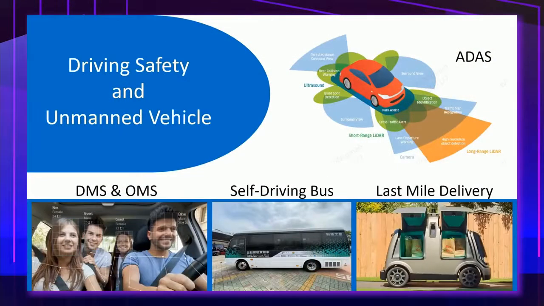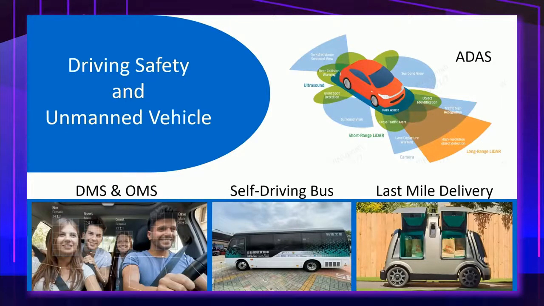The initial use cases include unmanned last mile delivery and robot taxi, self-driving bus, and the picture in the center shows Taiwan's first self-driving bus launched this year, running on normal road in daytime.